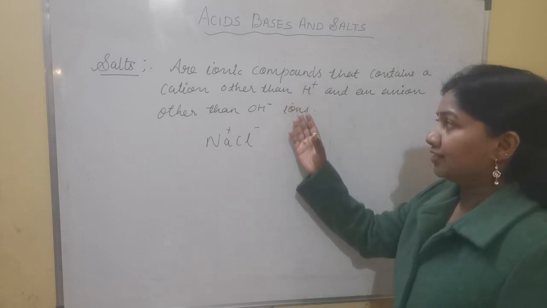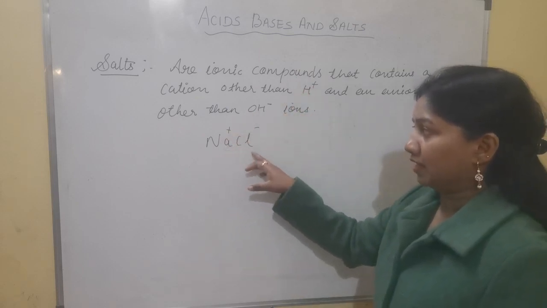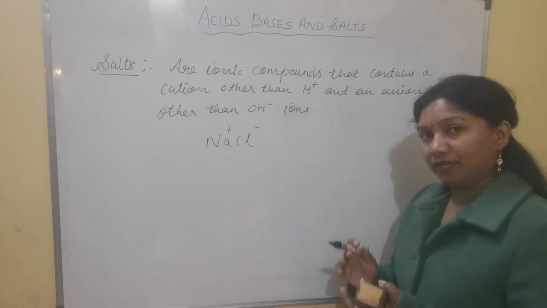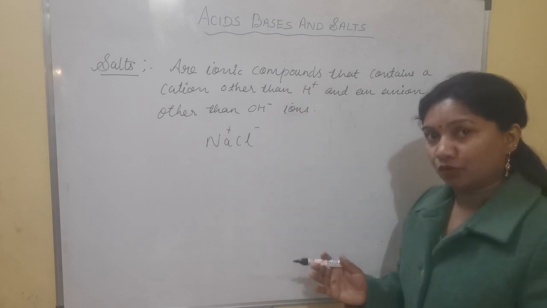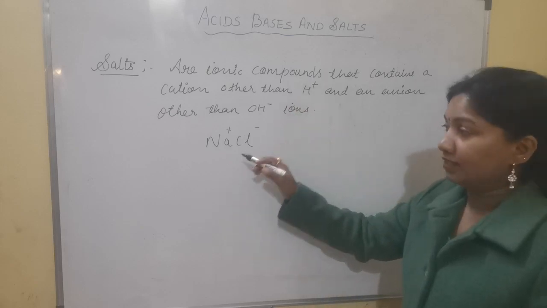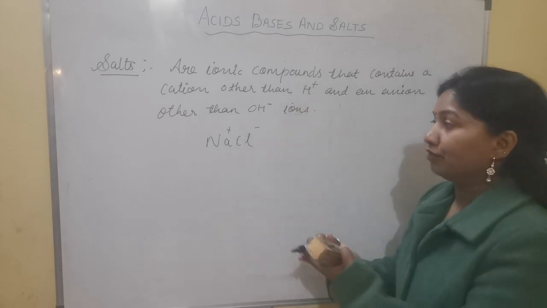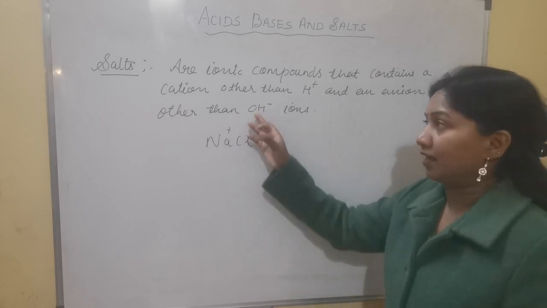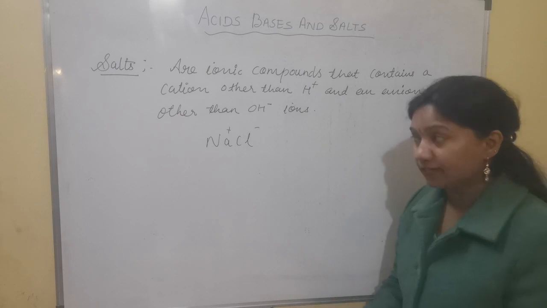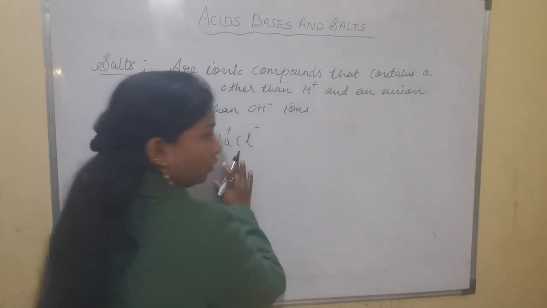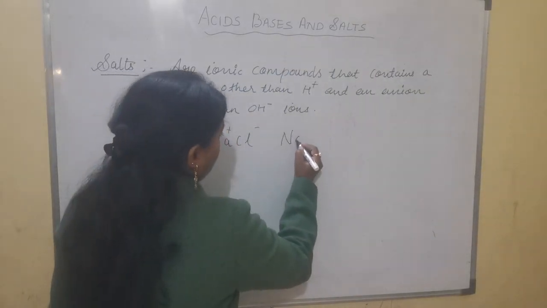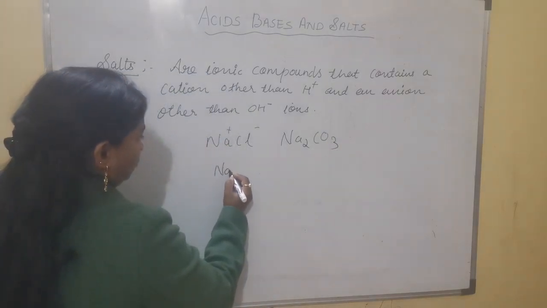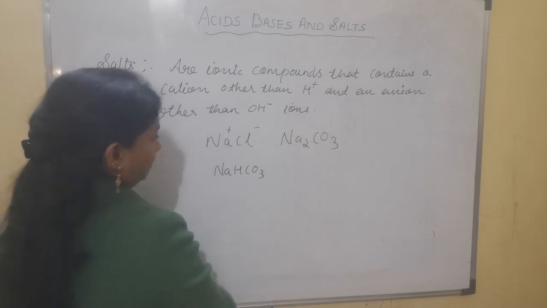So what the definition is saying is that it could contain positive and negative ions other than H plus and OH minus. So maybe it will have H plus and OH also, but apart from this, it is mandatory to have another cation and anion also for a compound to behave like a salt. So we'll take some more examples. One is sodium chloride. This is sodium carbonate. This is sodium bicarbonate.